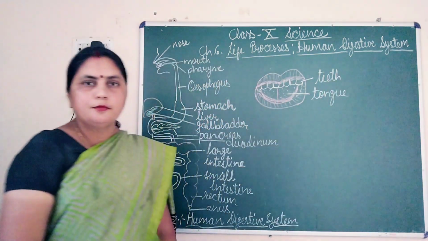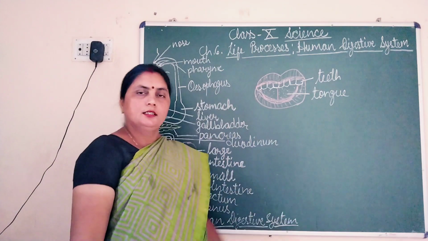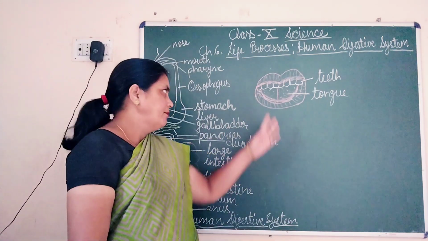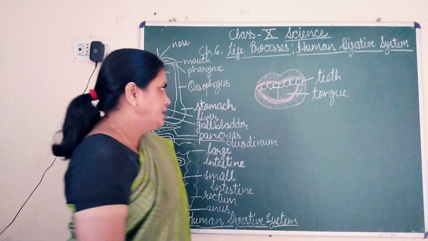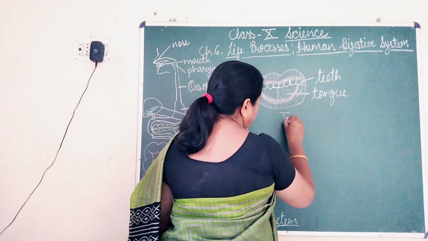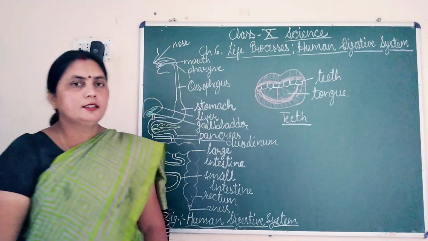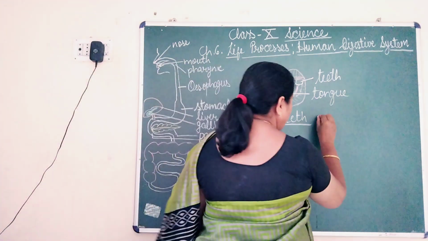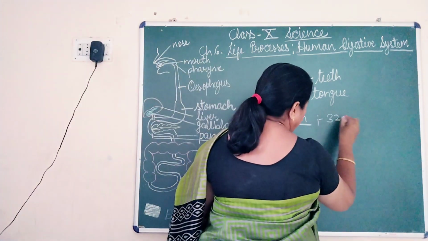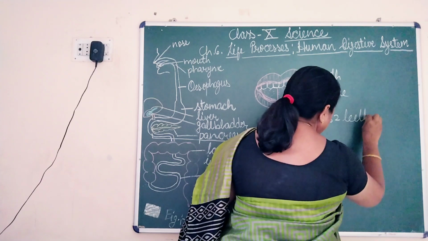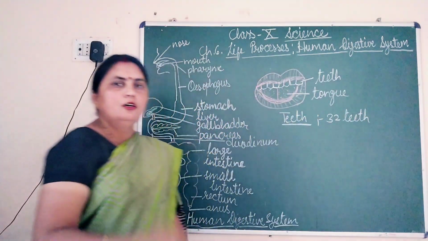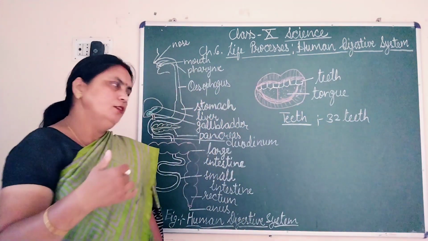Now let us discuss these two main parts inside the buccal cavity, teeth and tongue, in detail. First of all, let's talk about teeth. You know children, there are 32 teeth in our mouth, you all know that: 16 on the upper jaw and 16 on the lower jaw.